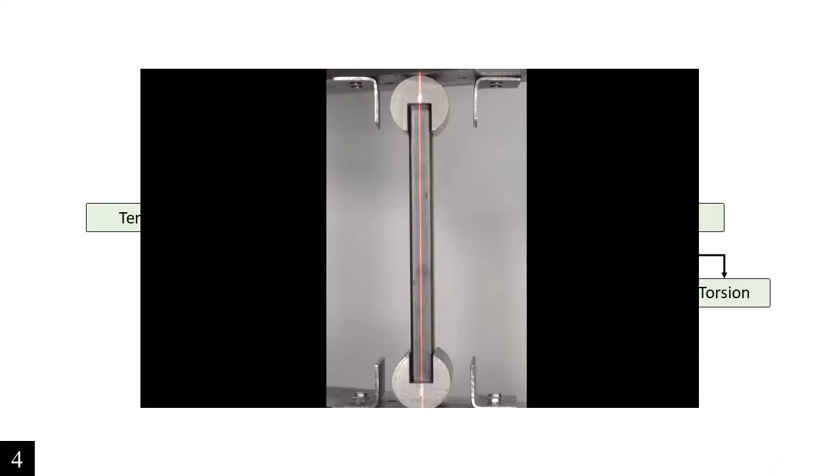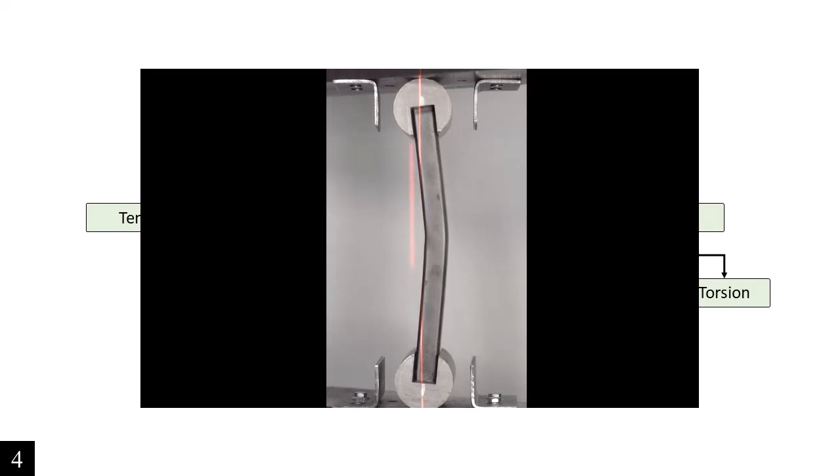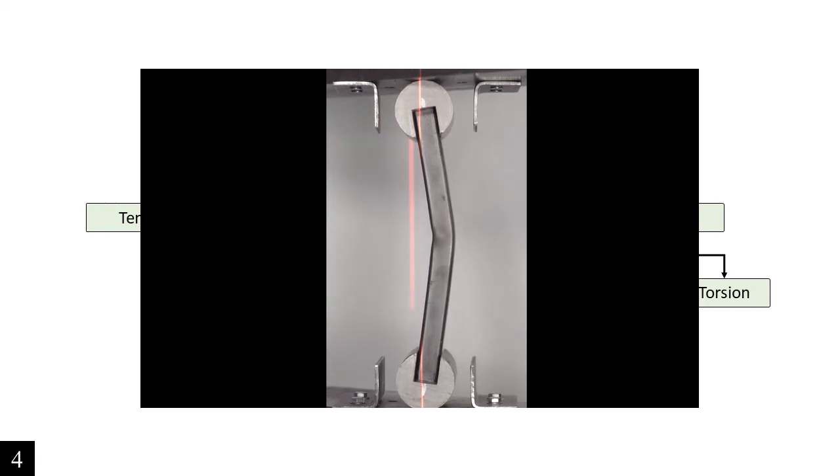Now let's watch the video over here and let me know what kind of structural failure is shown in this video. I want you to think a little bit. And based on what we see over here, this is the buckling failure.